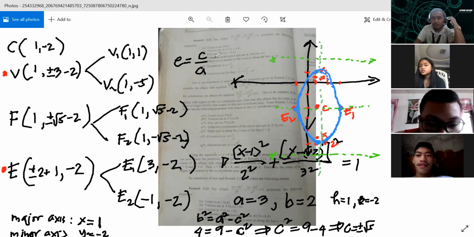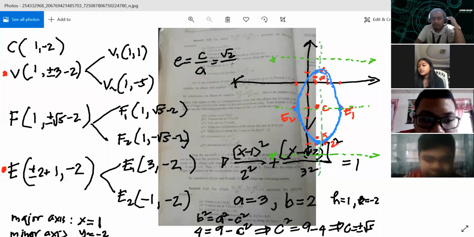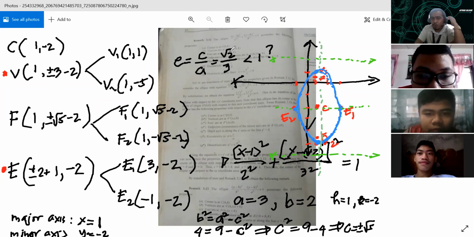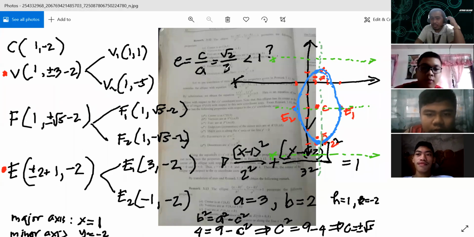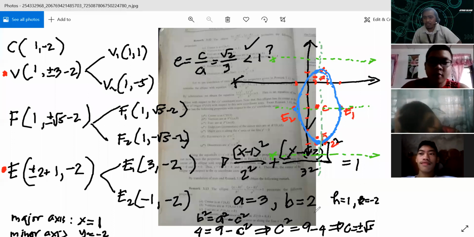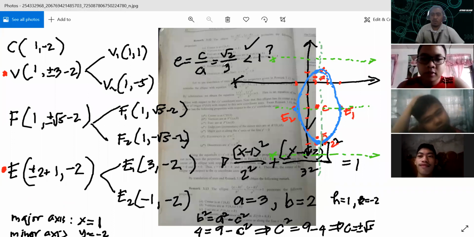Square root of 5, sir. Square root of 5. What is your A? 3, sir. 3. Is it less than 1? Yes, sir. Yes, because 2 point something, that is less than 3. Right? So it should be less than 1. So it means we got it correctly. The values of A, B, and C are correct. That will also check whether you got it correctly.